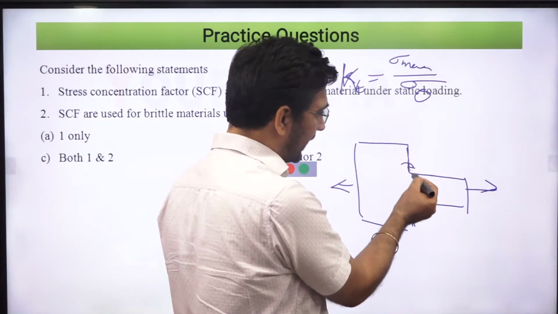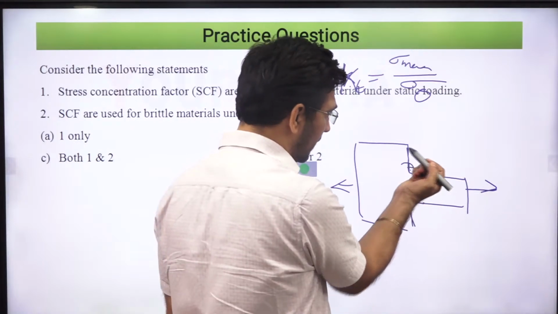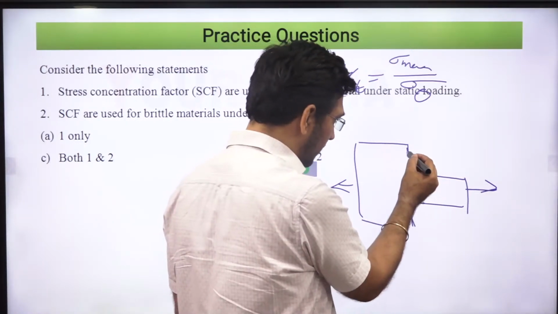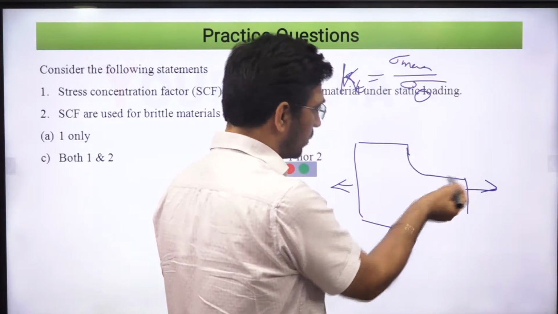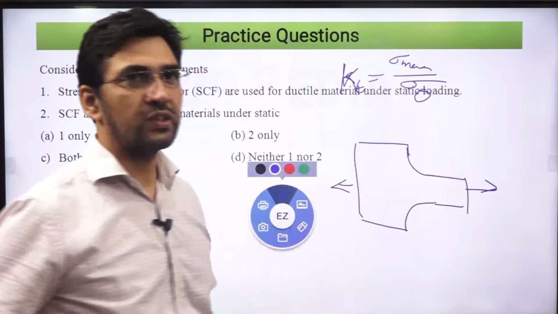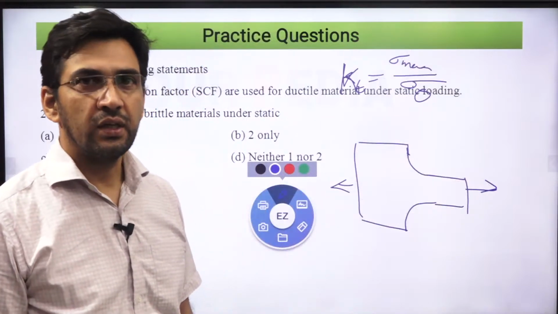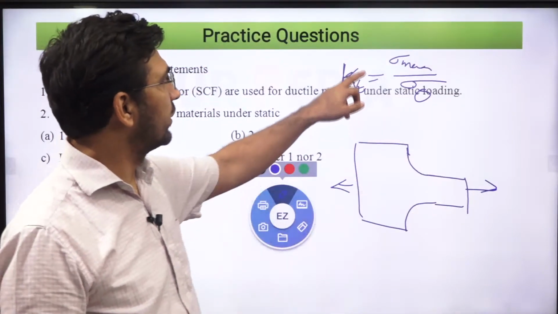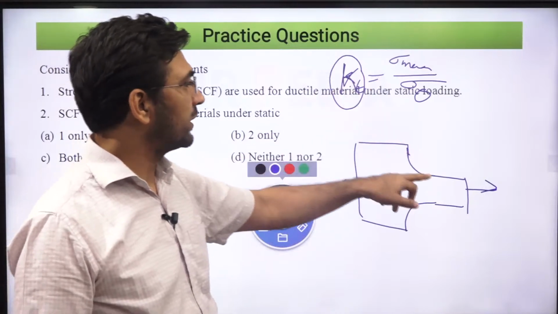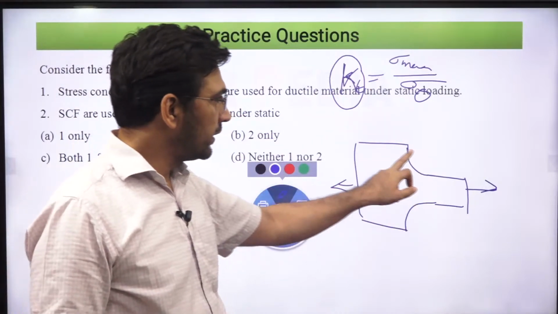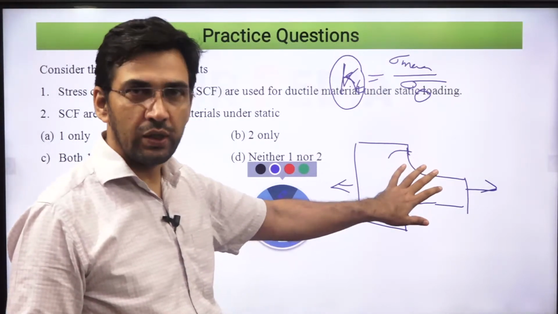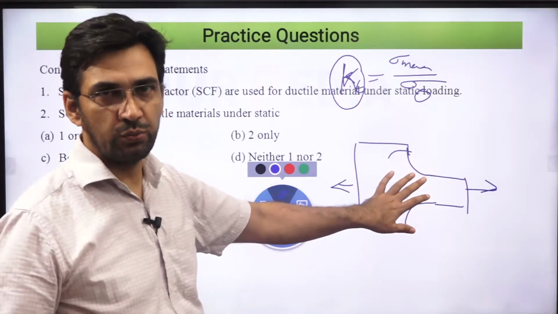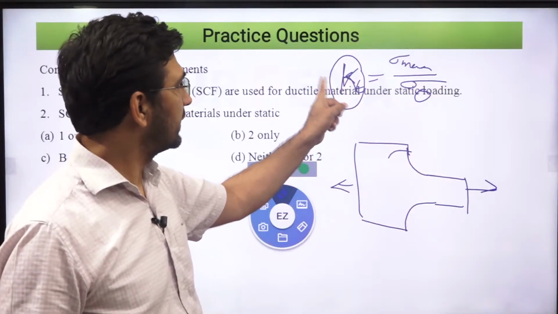Because yielding will take place over here, the shape will change and become smooth. So the effect of stress concentration will decrease, and therefore we say that we don't need to use the stress concentration factor for ductile materials. Because of the ductility, the material yields locally and stress redistribution takes place.